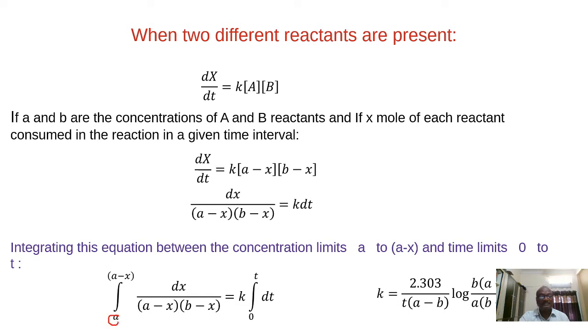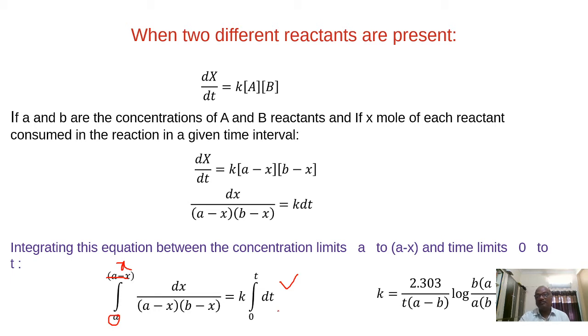They are the limits, because when t is equal to 0, x will be 0, and when time reaches t, the amount of reactant consumed will be equal to x. Now this equation is solved by the method of partial fractions. This fraction should be converted into partial fractions. Based on that we can solve this equation.